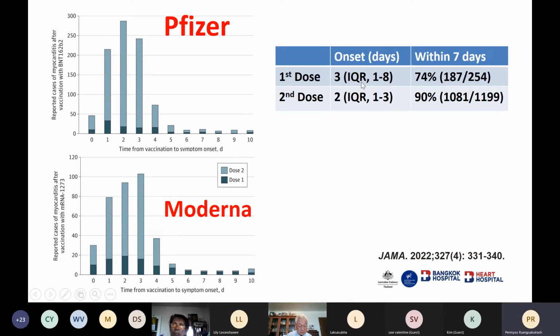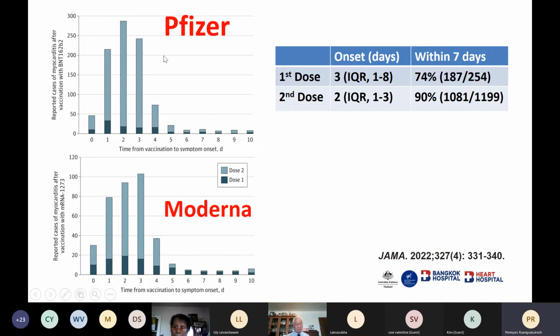And if you have vaccine, how many days that you need to observe for this side effect, okay? It's about 1 week, okay? But it can extend to 10 days all over, but the incidence is less.